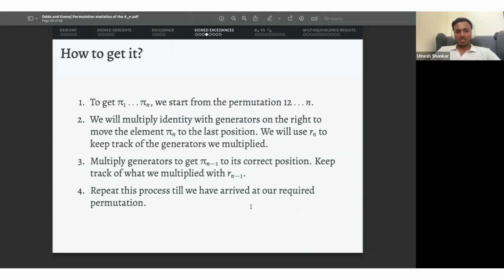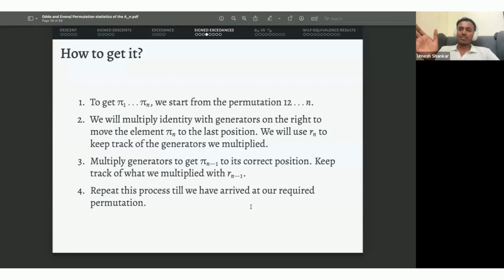To get a permutation pi_1 up till pi_n, we will start with the identity permutation. Then we will multiply the identity permutation with generators on the right, to move pi_n from its position to the last position. We will move it slowly, first from its position to position pi_n plus 1, then pi_n plus 2, and so on, until we get it to the last position.